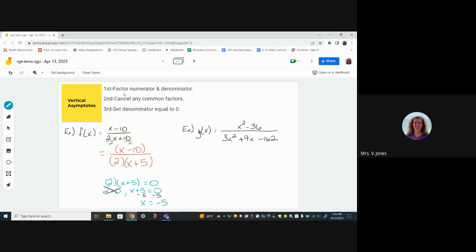If we plugged a -5 in right there, that will make this parenthesis 0, and 0 times the 2 will be 0 on the bottom, so it will not work. So this x equals -5 that we just found is a vertical asymptote. Okay, so we have one vertical asymptote, and it is x equals -5.